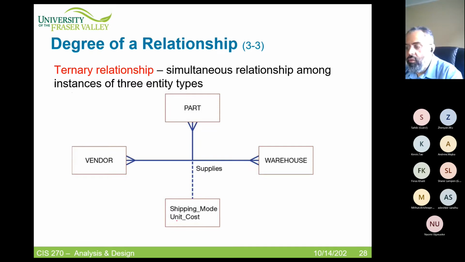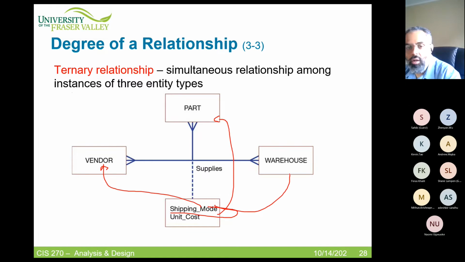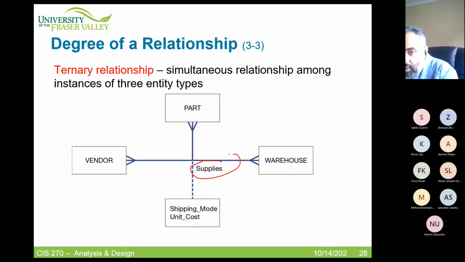So I can't put this attribute here because it's not related to the vendor. I can't put it here with the part, it's not related to the part or the product. I can't put it in the warehouse, it's not related to this. It is related to the relationship itself. However, the relationship is not an entity that can have an attribute. So this is why I put these dashed lines.